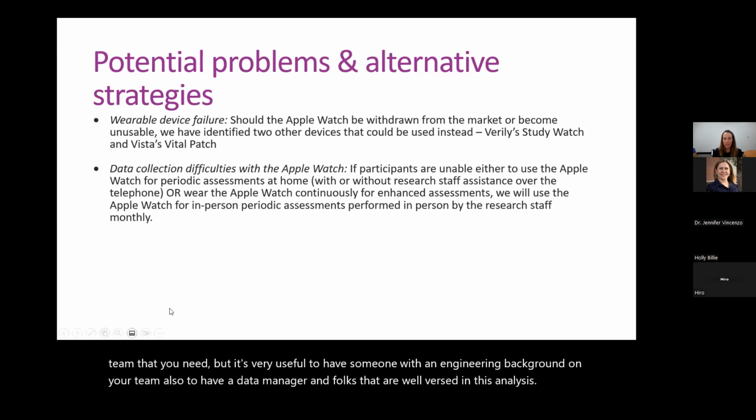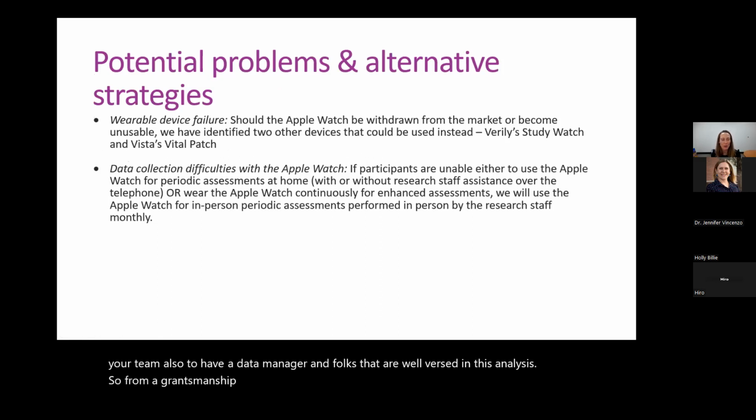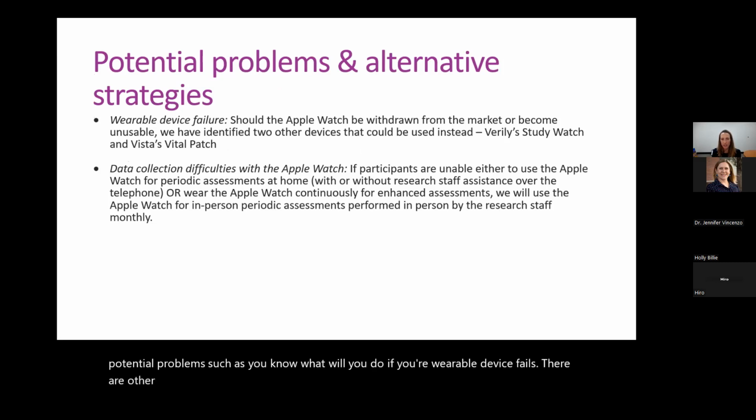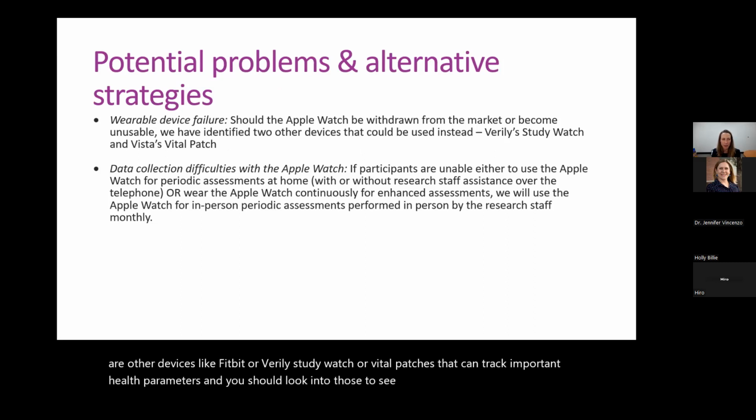So from a grantsmanship perspective, I really recommend having alternative strategies and listing potential problems, such as, what will you do if your wearable device fails? There are other devices like Fitbit or Verily Study Watch or vital patches that can track important health parameters, and you should look into those to see if they might have advantages.